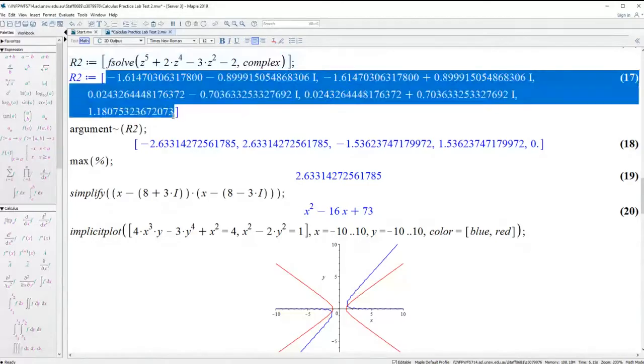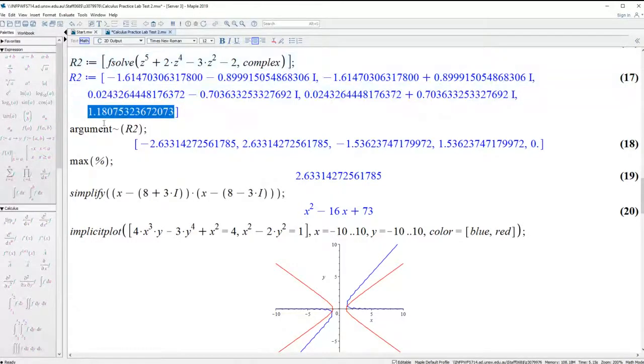Okay, so here they are, and then all I've done there, instead of using abs for the moduli, I'm just applying the argument to everything in the set or the list R2. And then the matter is just, well, let's just pick out the biggest value here.